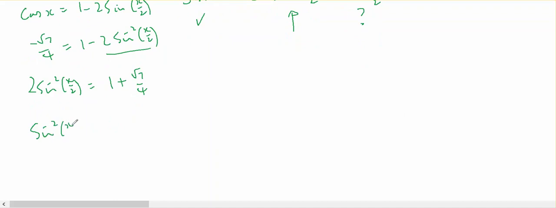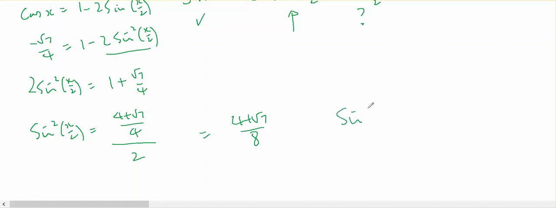Sine squared of x on 2 equals 4 plus root 7 on 4 all over 2, which is 4 plus root 7 on 8. That's what the sine of x on 2 squared is.